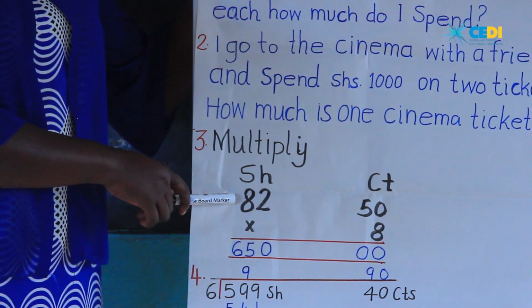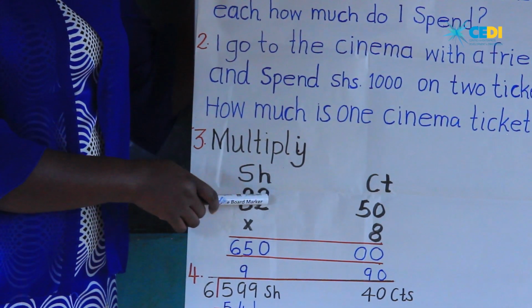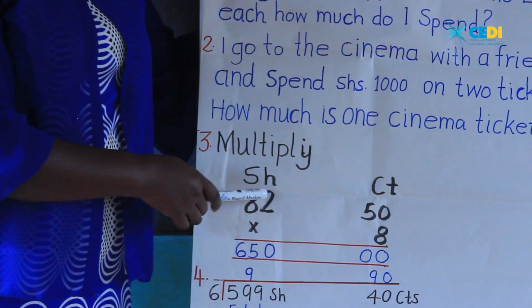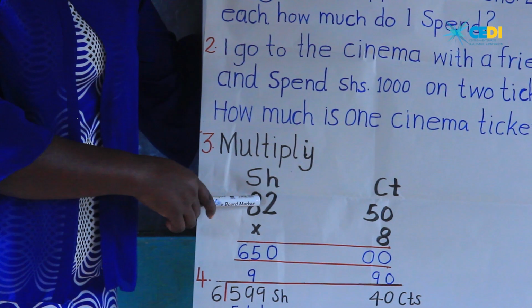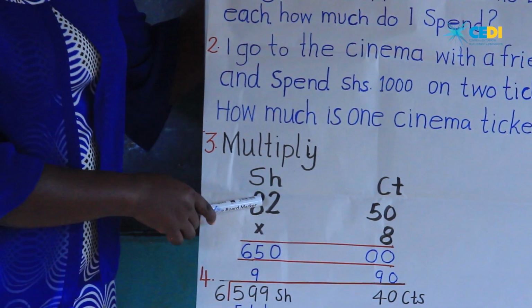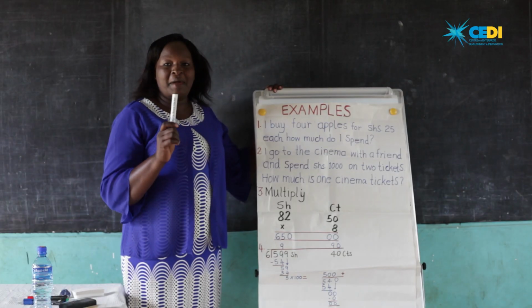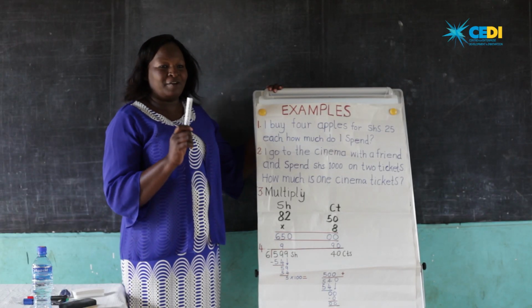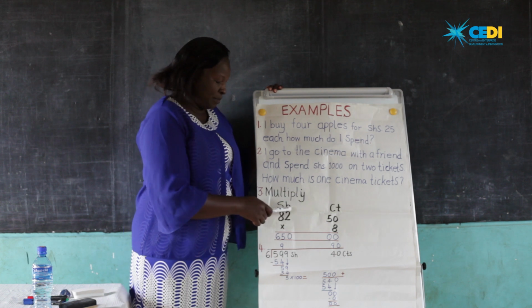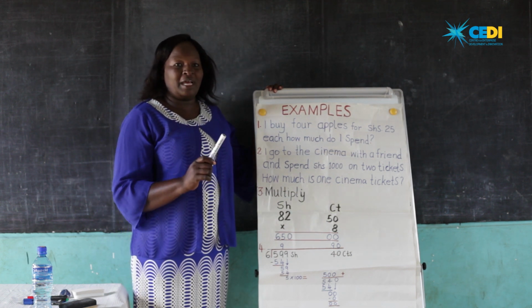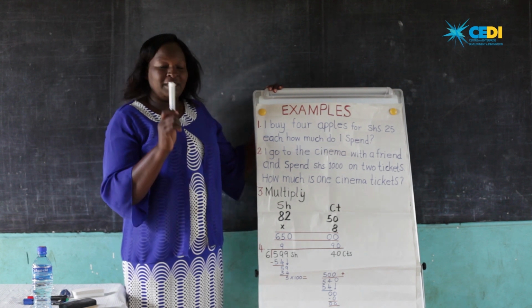From the shillings column, we start with the digit in the ones place value. 8 times 2 is, correct, John, it is 16. But remember, we had carried 4 shillings. So 8 times 2 is 16 shillings. Added to the 4 that we carried, we get 20 shillings.